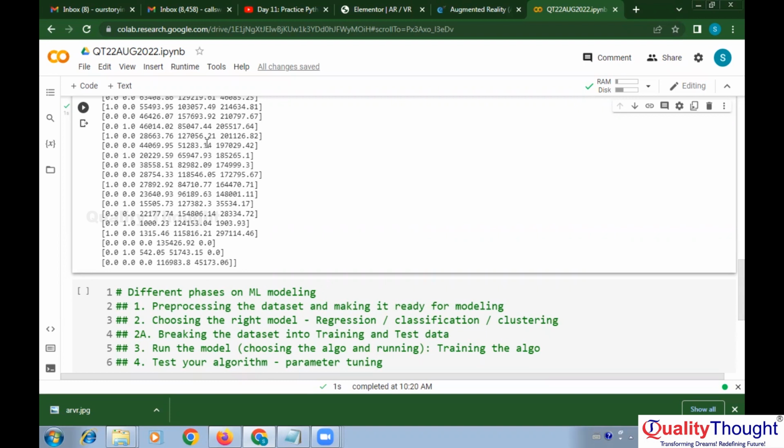But if you don't know, you have to run it. That's why you should read more about the algorithms: take one algorithm, read about what it is, how it is used, when it is used, when it is not used, etc. For example, if you are predicting car sales versus atta sales, it's totally different.